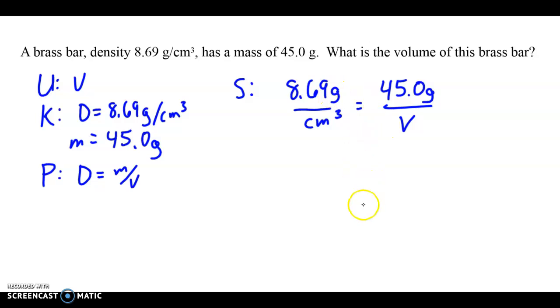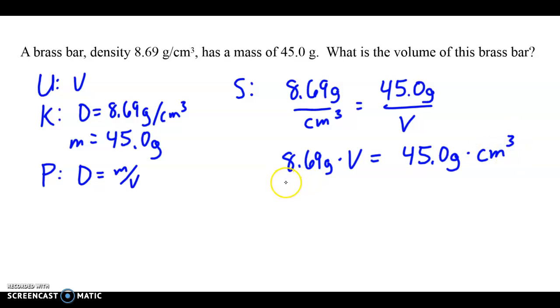So let's do this cross multiply thing again. 8.69 times, oh, there's a grams there, times V equals 45.0 grams times centimeters cubed. And then one more step to isolate the V is to divide by 8.69.